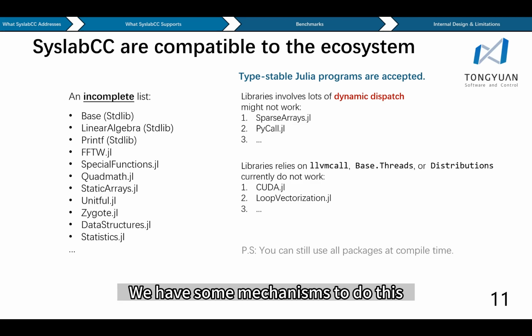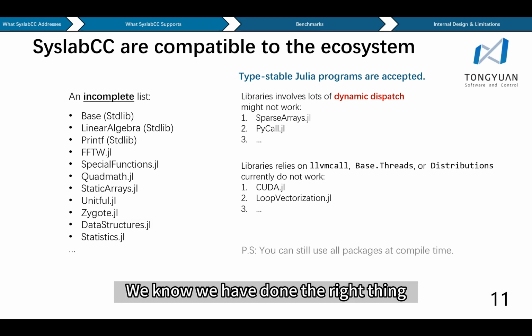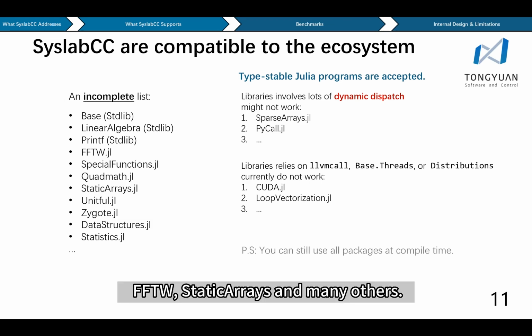We have some mechanisms to do this, and SyslabCC offers an elegant and systematic way to AOT compile your Julia programs. Without much effort, SyslabCC now works for the following libraries: Base, LinearAlgebra, Printf, FFTW, StaticArrays, and many others.